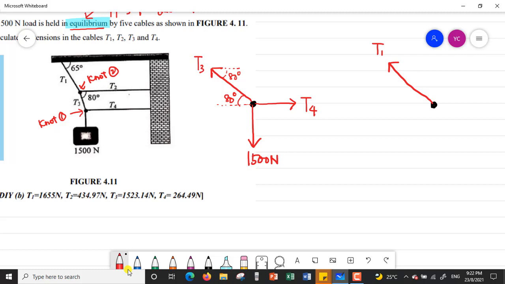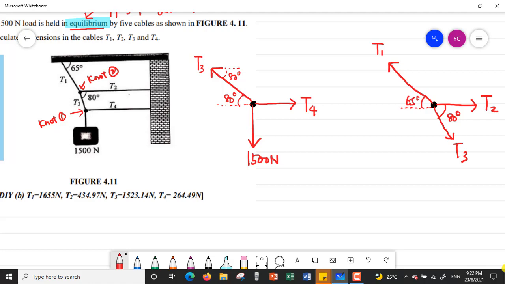T1 is at an angle of 65. Notice the 65. So here will be 65 degrees. Here will be 65 degrees. Then horizontally, I have T2. And here, at 80 degrees, I have T3.